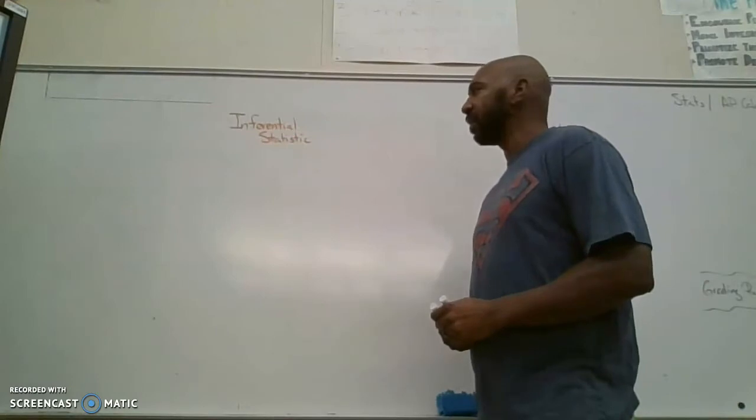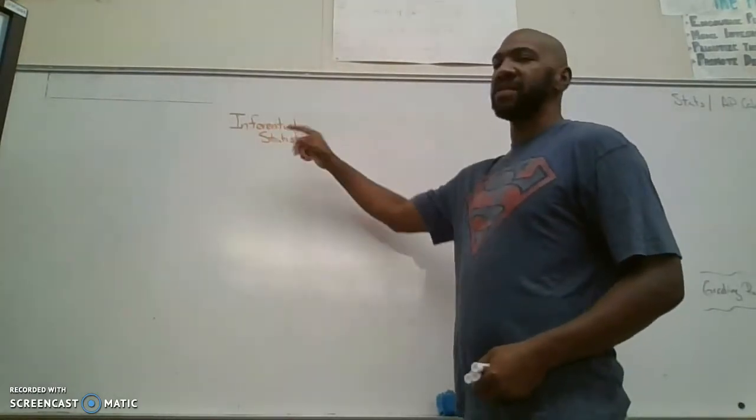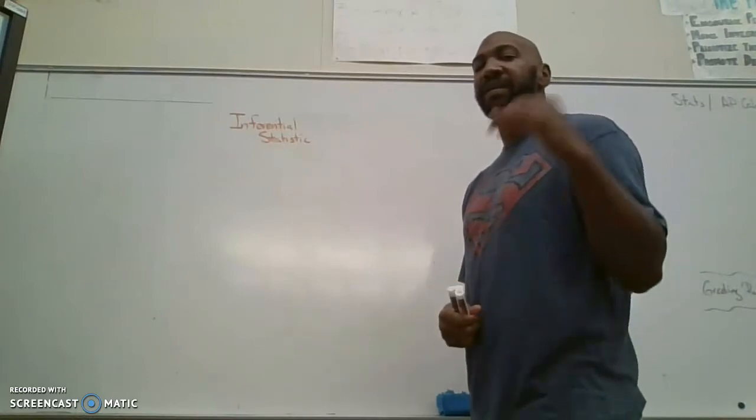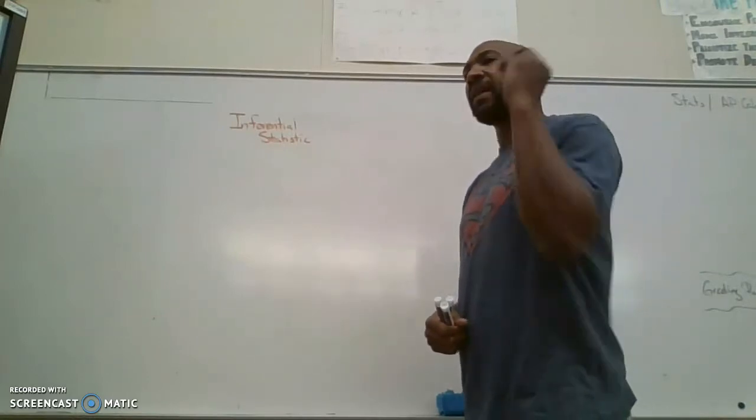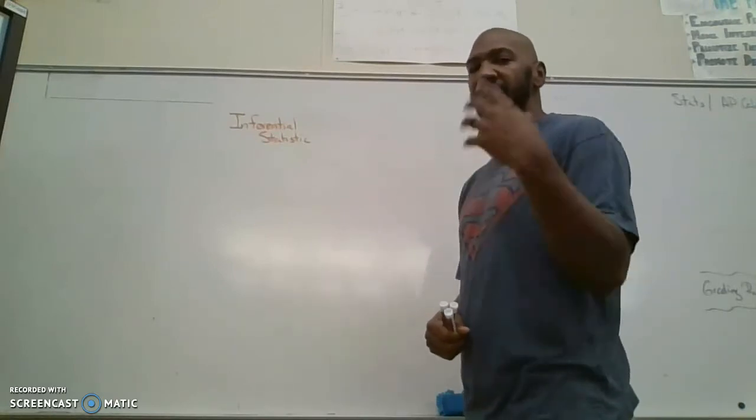Now we cut to an inferential statistic. What that means is, for an inferential statistic, what you're looking for is something that you can tell in the future using something that already happened.